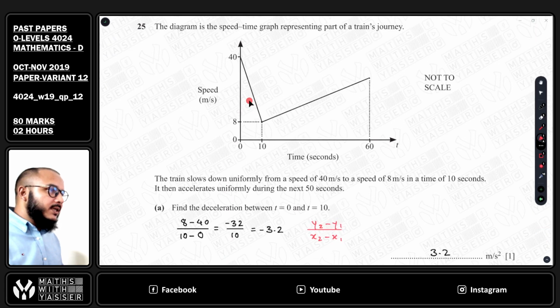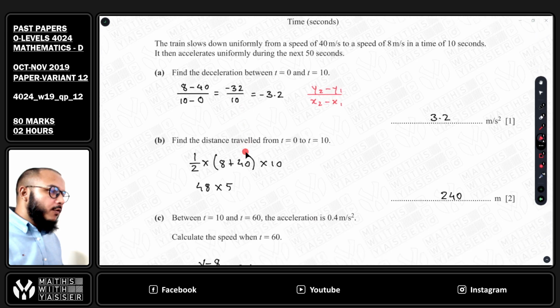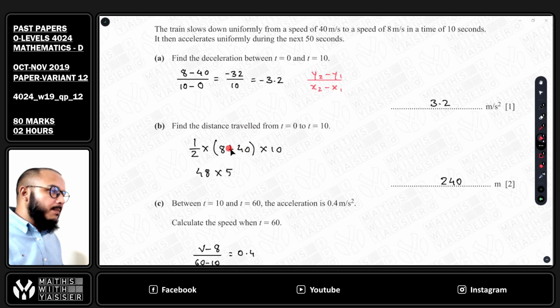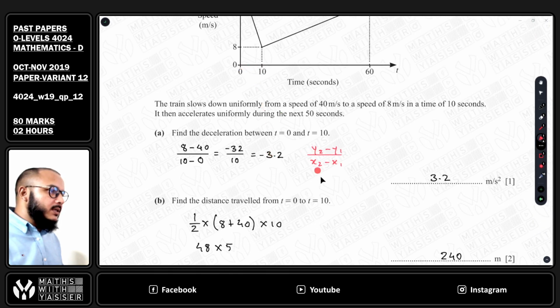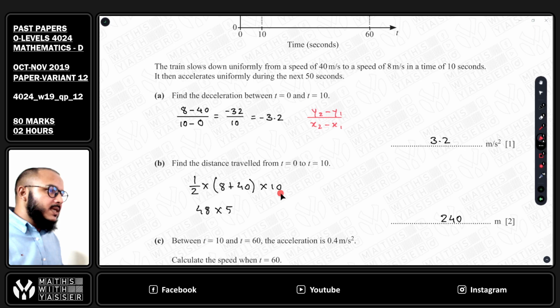So the parallel sides for the trapezium over here are, this line is parallel to this line. So when we add them, it will be 8 plus 40, and the distance between the parallel sides is 10 units. So it should be times 10.